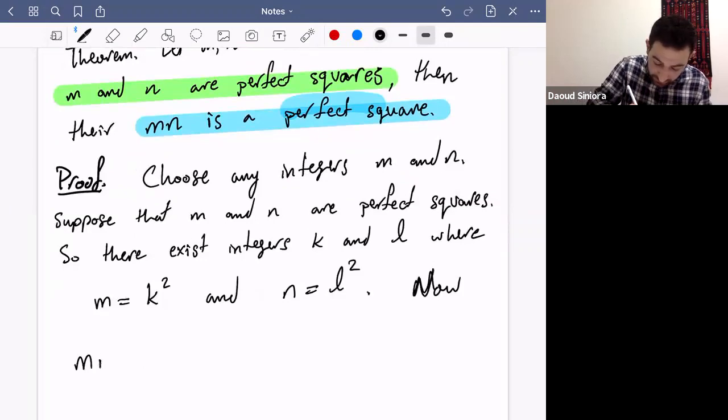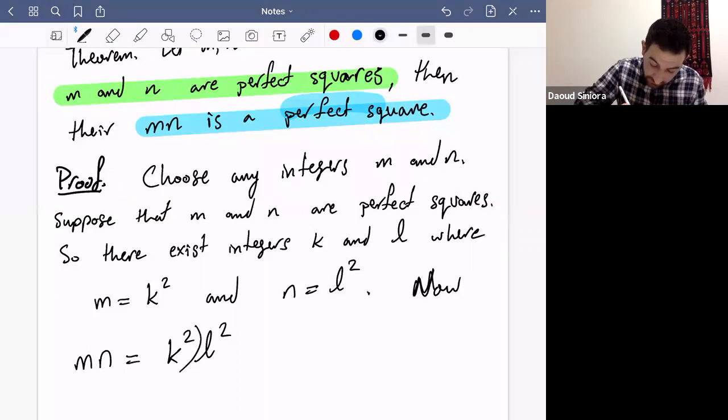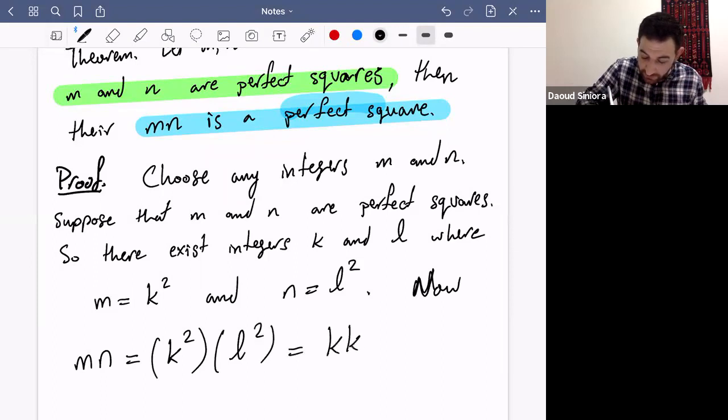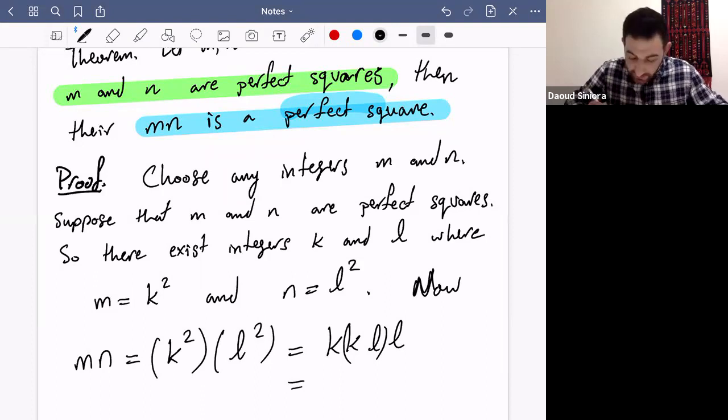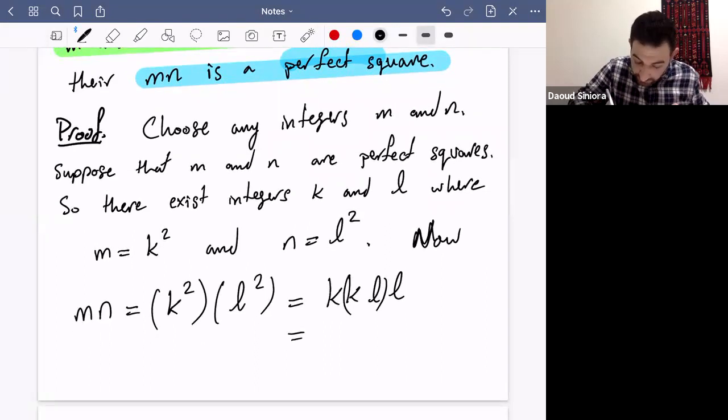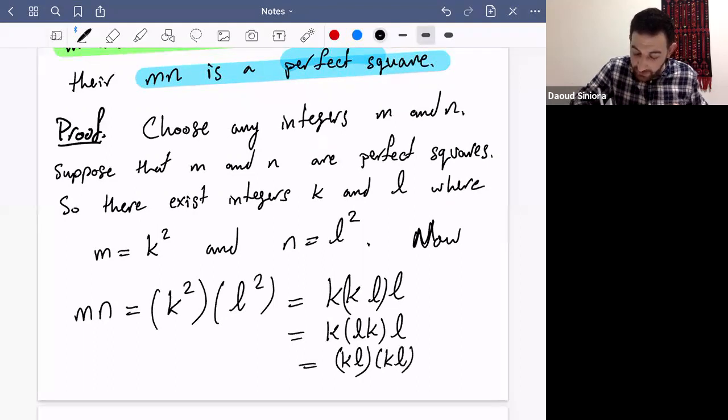So now m times n is equal to k squared times l squared. But this is equal to k times k times l times l. And now by associativity of the product, we can multiply the middle ones first, and by the commutativity of product, we know kl is equal to lk. And we can write this as, by associativity again, kl times kl, and this is equal to kl all squared.